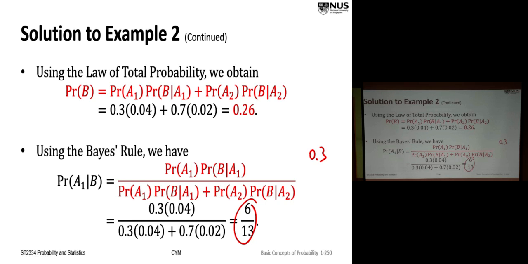If you select one individual, there's only a 30% chance that he is accident-prone. But now I know that an accident has occurred for this guy, so the probability that he belongs to the accident-prone group increases to 6/13.